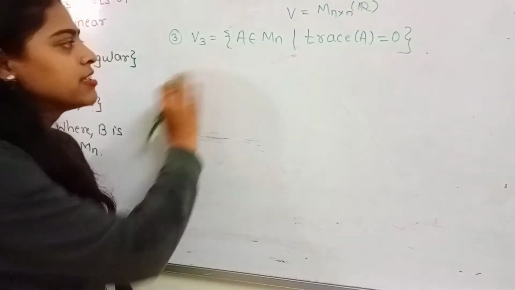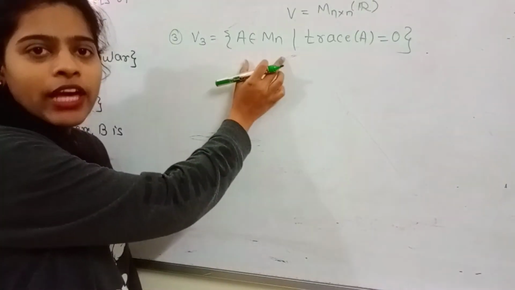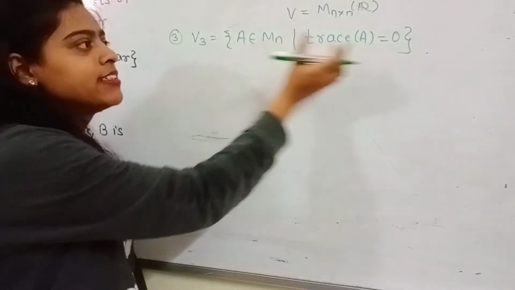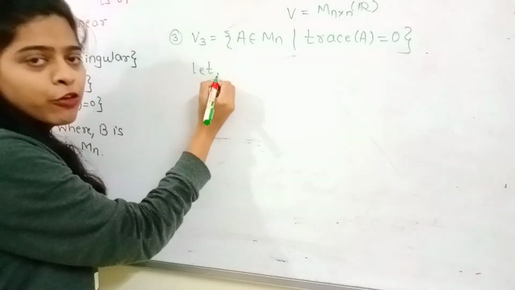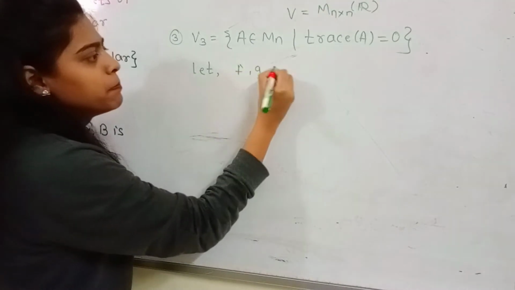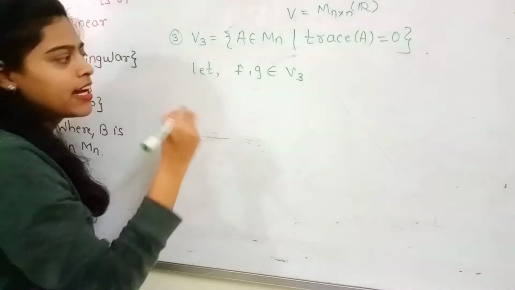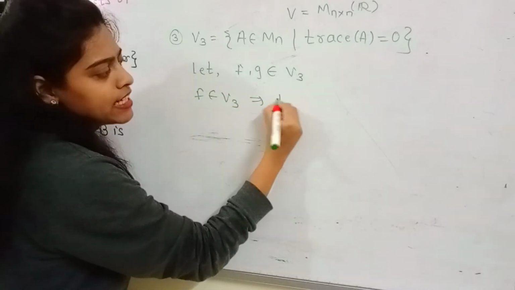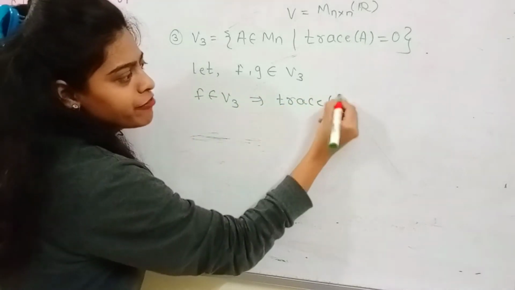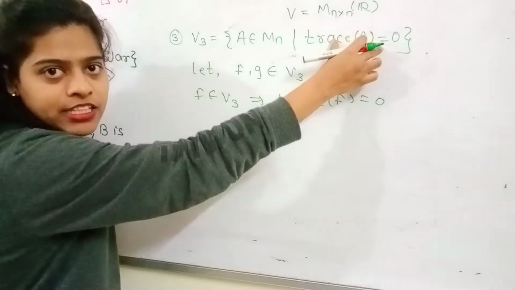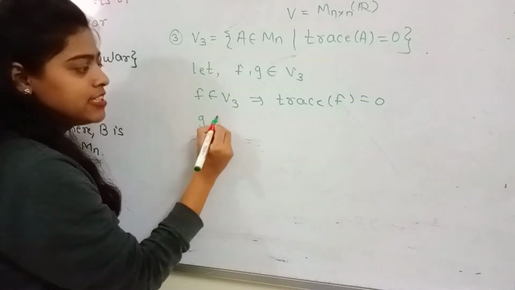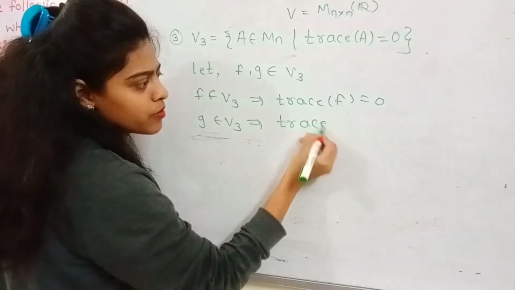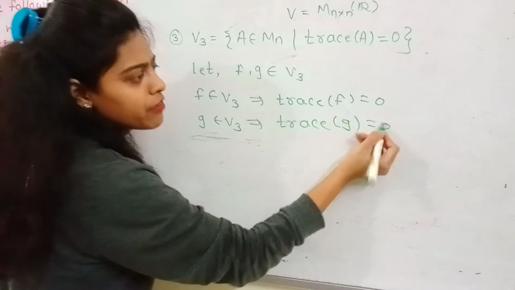Now we consider option 3, that is V3 is equal to the set of A belonging to Mn such that trace is equal to 0. Consider those matrices whose trace is equal to 0. Let f, g belong to V3. As f belongs to V3, that implies trace f is equal to 0. Similarly, as g belongs to V3, trace of g is also equal to 0.